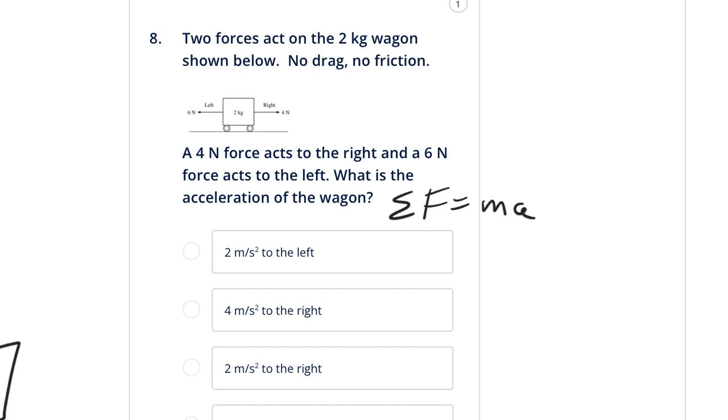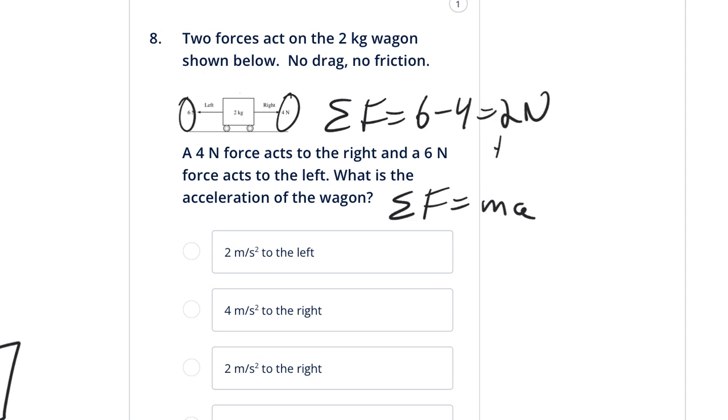So I'm going to use Newton's second law of motion. And from the picture, I can see that the 6 is bigger than the 4. So the net force is the bigger one minus the smaller one. And that would be to the left, because the bigger one's to the left.